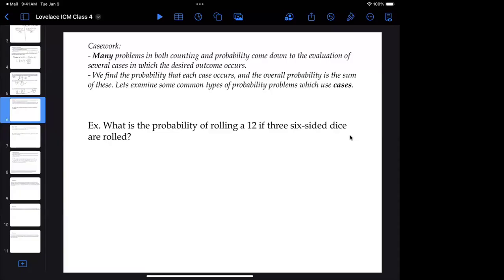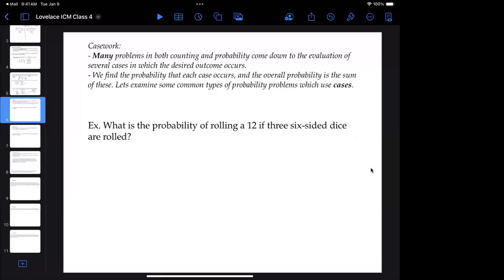To utilize this, we find the probability that each case occurs and then the overall probability is the sum of these. You should make your cases disjoint, which means they should not have overlapping outcomes. Once they do not overlap, you can add their probabilities, which is very handy.